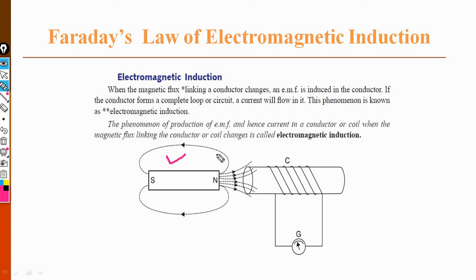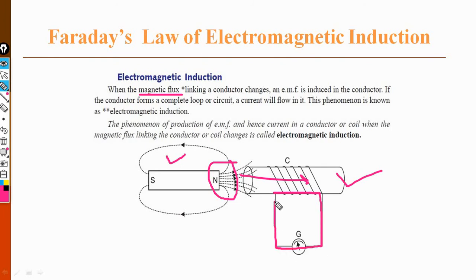The dotted line indicates the direction of magnetic flux, and this magnetic flux is linking with the conductor. This is the conductor. At that instant, EMF, that is electromotive force, gets induced in the conductor in the closed loop circuit.